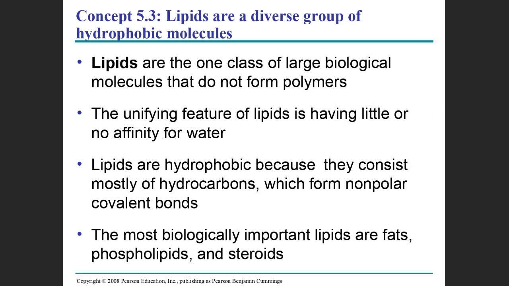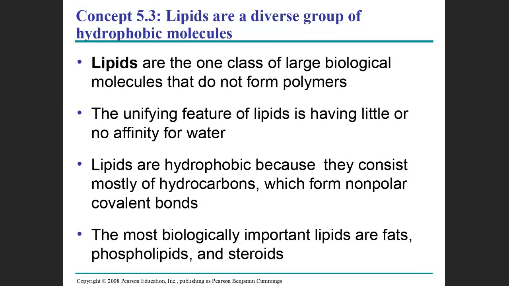So those were carbohydrates. Moving on to lipids, these are molecules that are hydrophobic. We talked about that last time. Water hating. So these things do not like water. They don't like to interact with water. So lipids are large biological molecules, but they don't really form polymers, although there are some subunits you put together to make them.